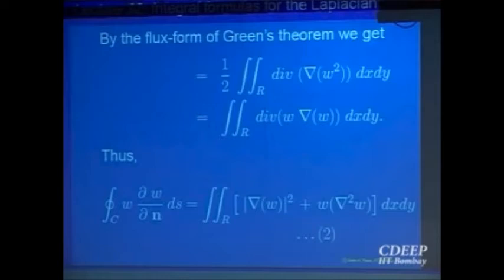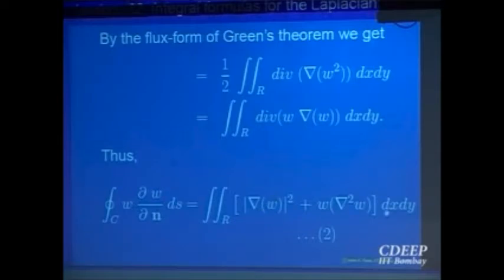A scalar field W whose Laplacian is equal to 0, which satisfies that partial differential equation, the second partial derivative with respect to x plus the second partial derivative with respect to y plus the second partial derivative with respect to z is equal to 0. If f satisfies that equation, del square f is equal to 0, then f is called a harmonic function. So suppose W is a harmonic function, then this quantity will be 0. Okay, so what will that give me? It will give me that this integral of W times the directional derivative along n is equal to the integral of the norm of the gradient squared.